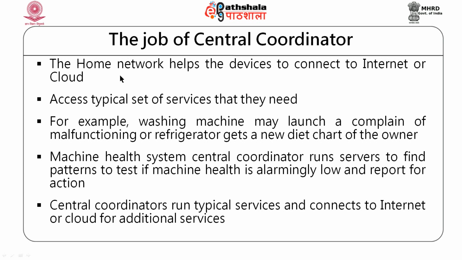An interesting example that I have quoted: my washing machine has some problem and it has an IoT device built in. So, what it can do is call the service center on its own, send a mail to the service center indicating what the problem is, and that is a better solution than me doing it. Please understand, because I do not really know what exactly is the problem in the washing machine.